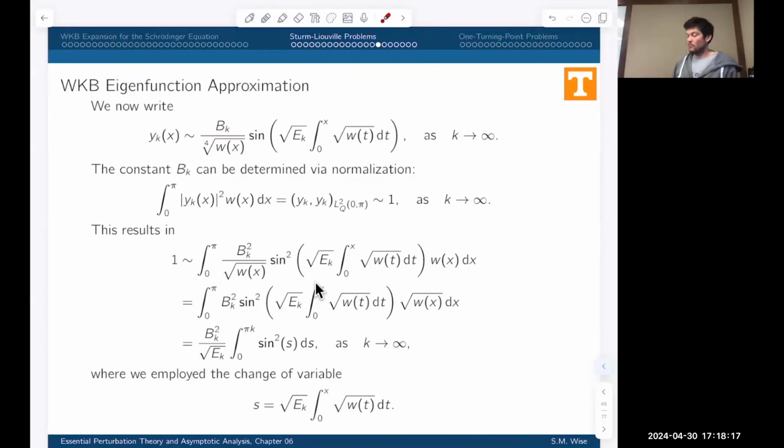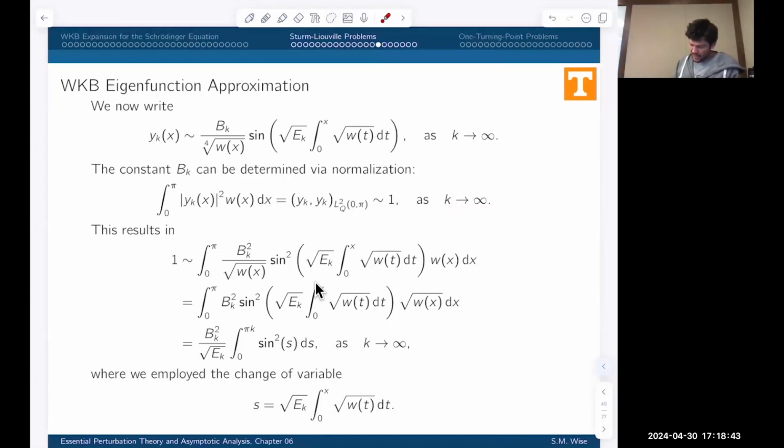You don't have to normalize in this inner product, but that's a pretty standard process. Normalization just means that when I integrate from 0 to pi, the modulus of y_k squared against w is just going to be equal to 1. Now, I might not take that exactly equal to 1, but as long as it's asymptotic to 1 as k gets large, then I'm happy.